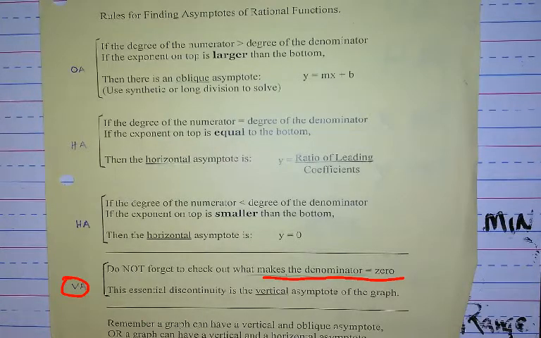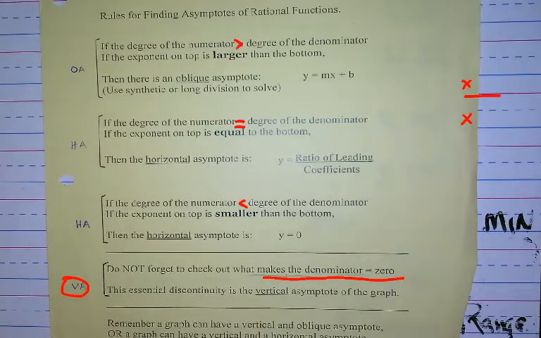So, we're always talking about the exponent on top of the fraction. If we have an exponent on top and an exponent on the bottom, it has to be either smaller, equal, or greater, right?